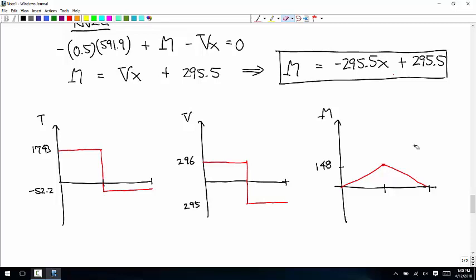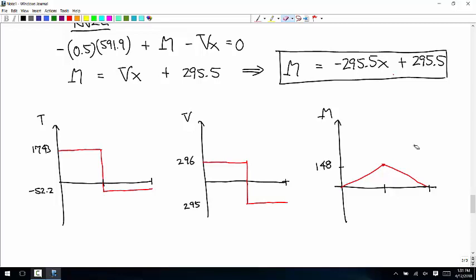Anybody have any homework questions, internal loads problems that you'd like me to go through or go through part of or something? Yeah, well, so these just tell you what, at any x value, this tells you what the internal load is.